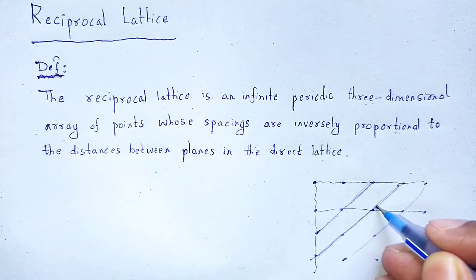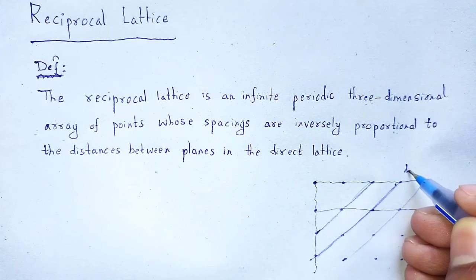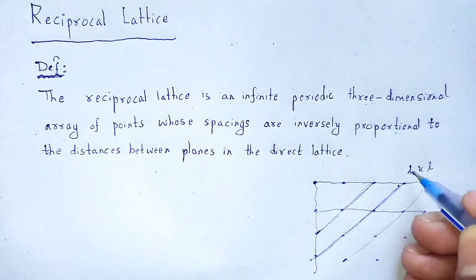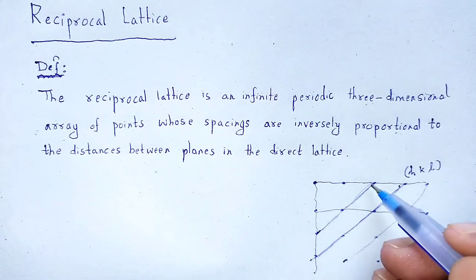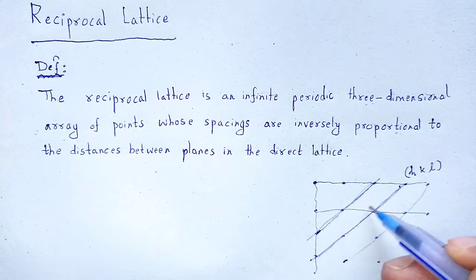If I take that parallel plane having the Miller indices h, k, l, that is also a parallel plane.